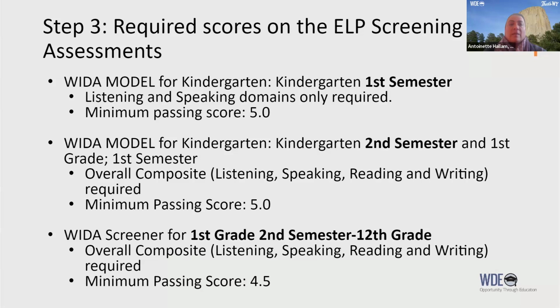The WIDA model for kindergarten, second semester and first grade, first semester is the overall composite with all of the domains required, listening, speaking, reading, and writing, and the minimum passing score of a 5.0. WIDA screener for first grade, second semester through 12th grade. The overall composite are all 4 domains required with a minimum passing score of a 4.5.